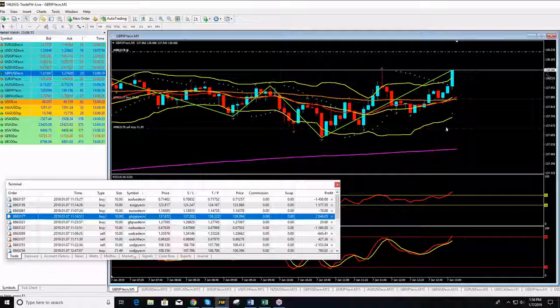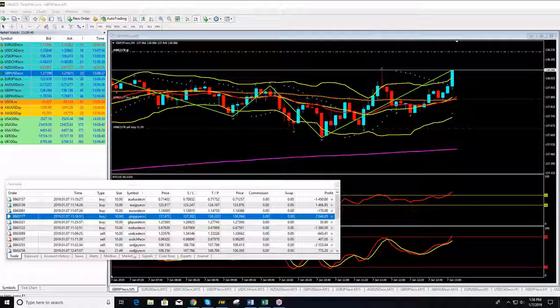And we can see that pound yen is climbing to the upside and is approaching fast our take profit target. So we are just a few pips away from our TP target, and you're monitoring the pound yen chart. Let's see if we will manage to close our second position for the day.